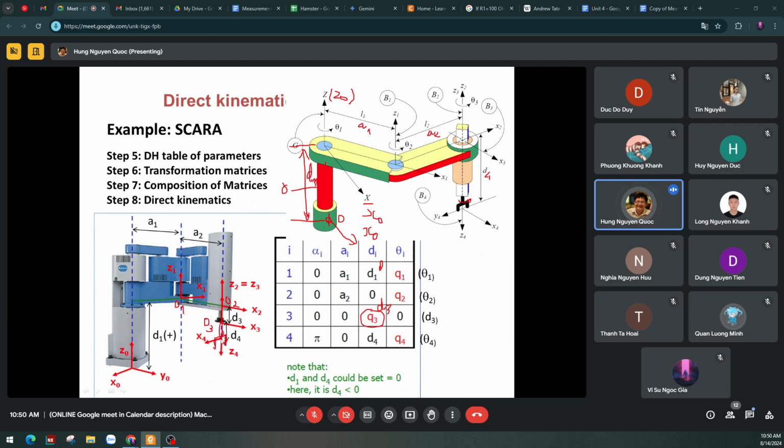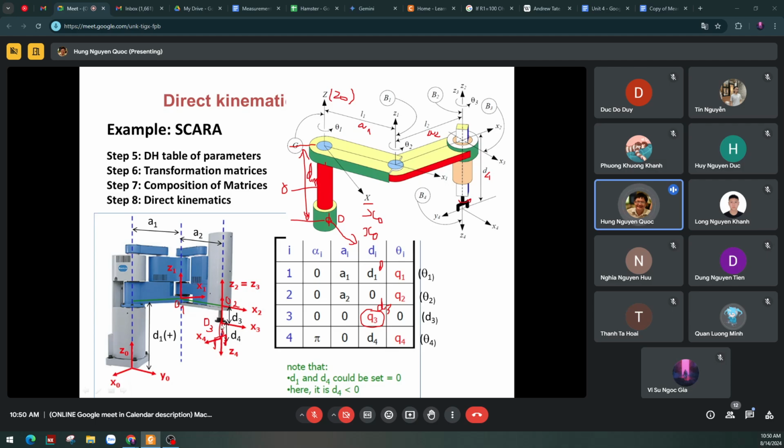And of course, this is just the adapter, and you can attach the gripper here. Then the distance from this one to this one is D4.